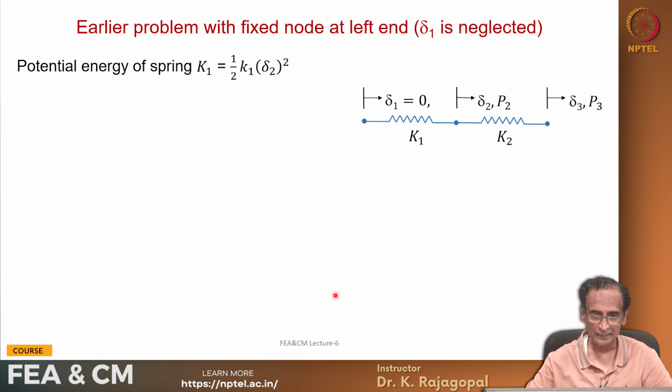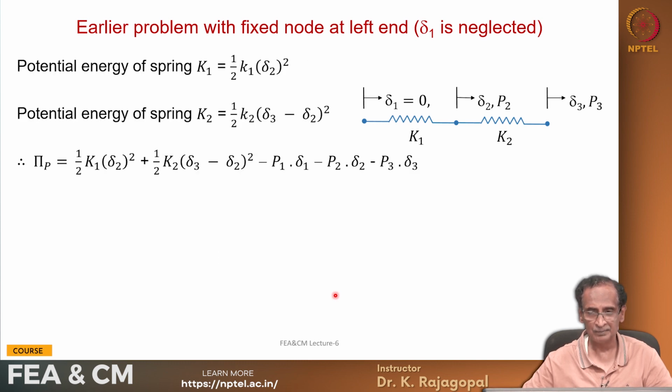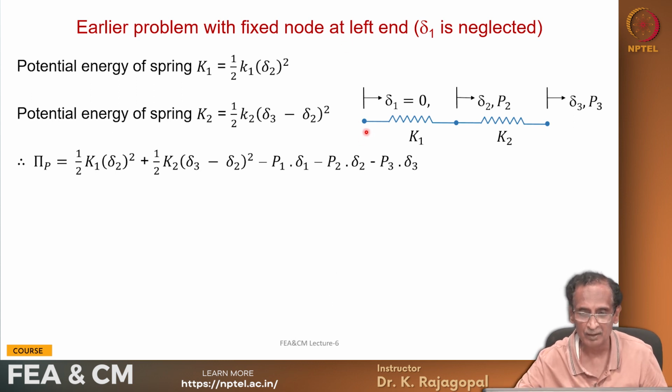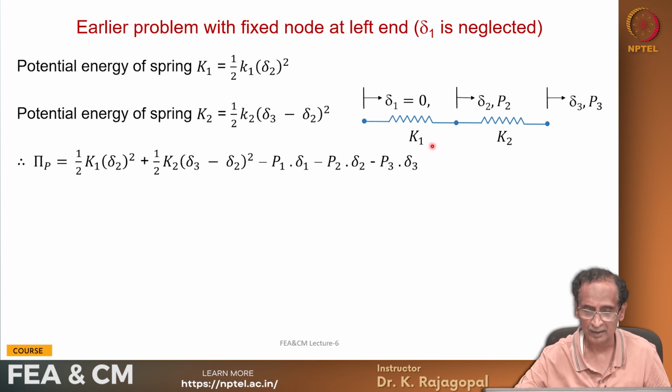And let us say that let us not bother about applying the boundary conditions later, but right now itself let us say you want to apply some constraint that this particular node does not move, delta 1 is 0. Then the potential energy in k1 will be 1/2 k1 delta 2 square, because delta 2 itself is the relative deformation.